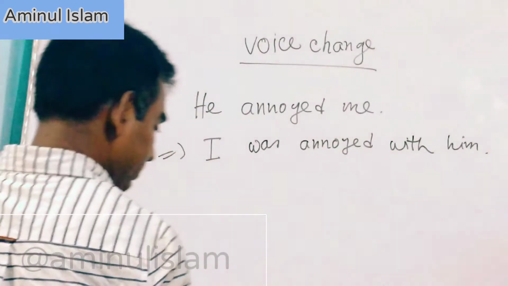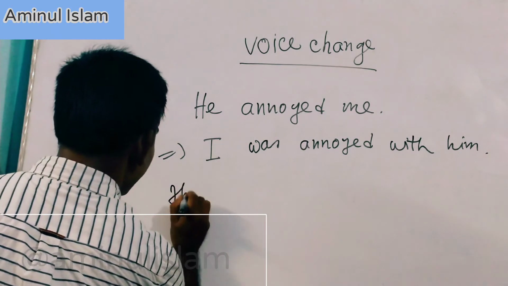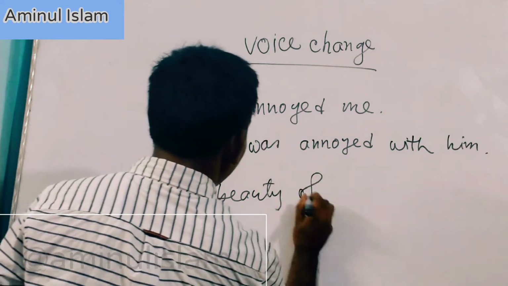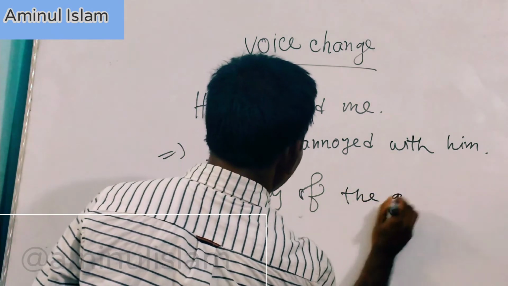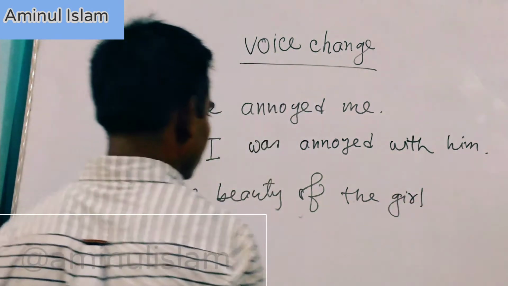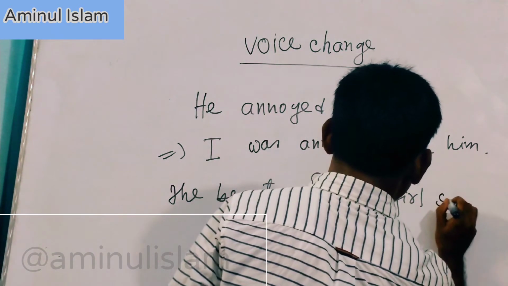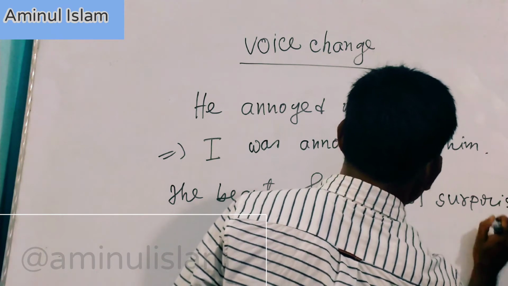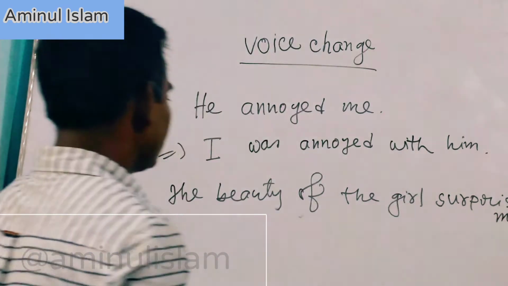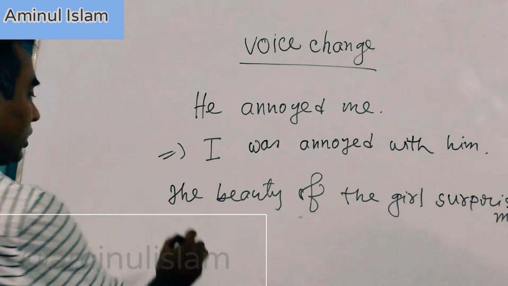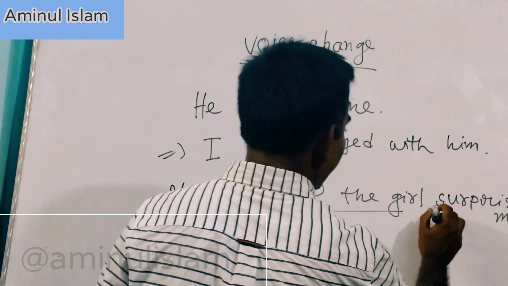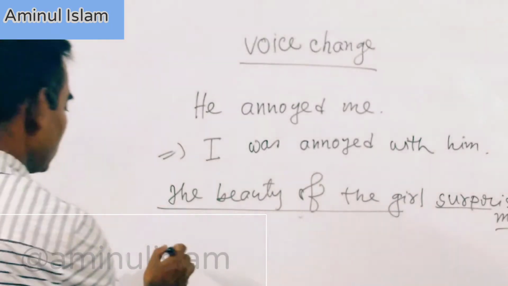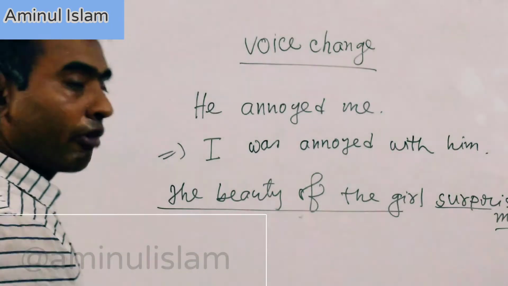Another sentence: The beauty of the girl surprised me. The beauty of the girl is the subject, surprised is the verb, and me is the object. So generally, what is the subjective form of me?